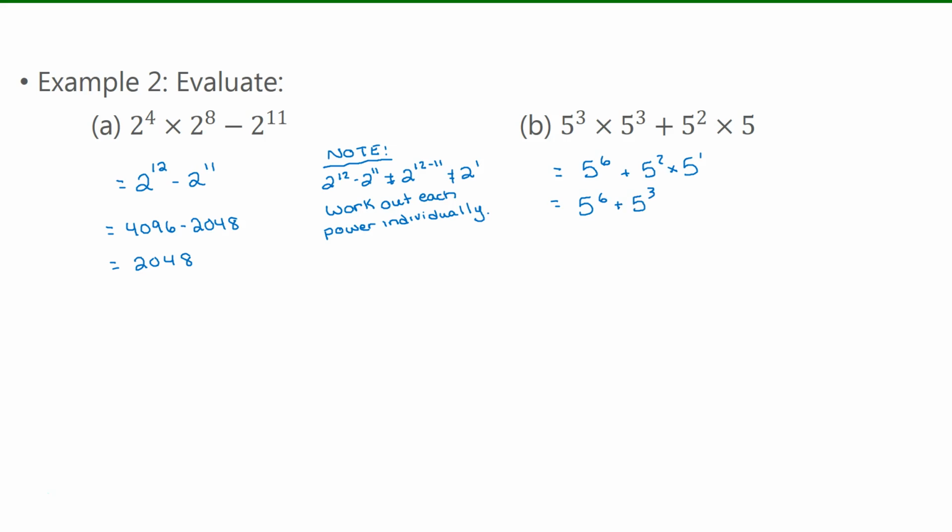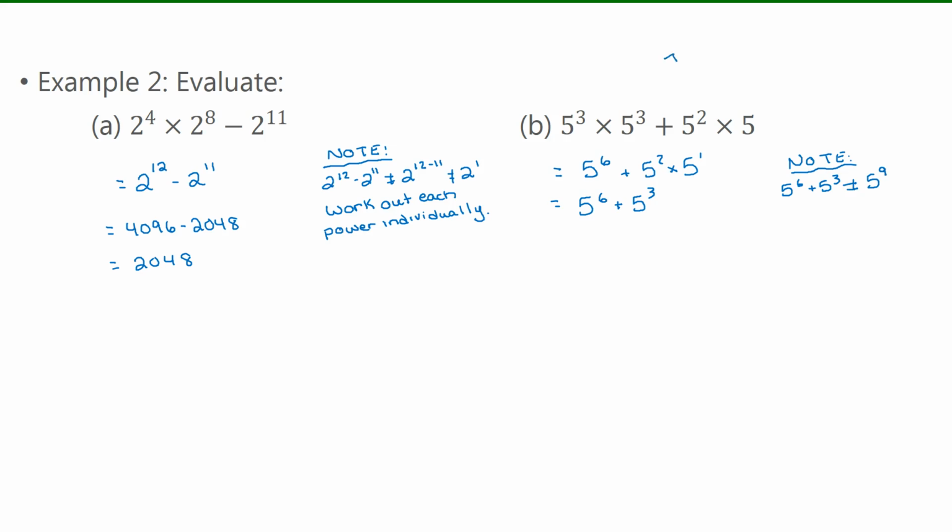Now just like in A here, we cannot combine these two powers into a single power, as there is no rule for the sum of two powers. So I'll make that note again, that 5 to the 6 plus 5 to the 3 is not equal to 5 to the 9, as some people may want to do.